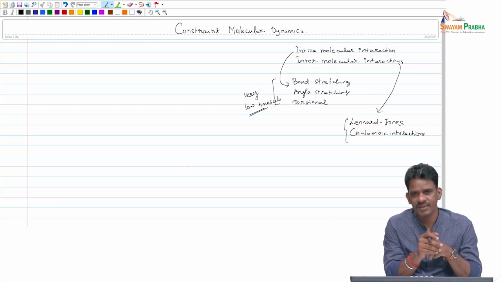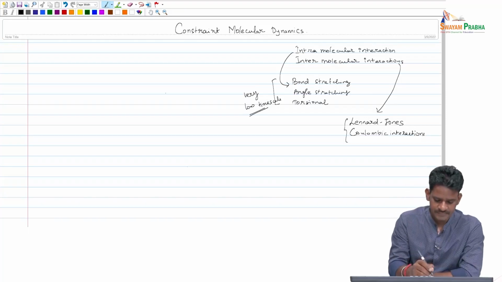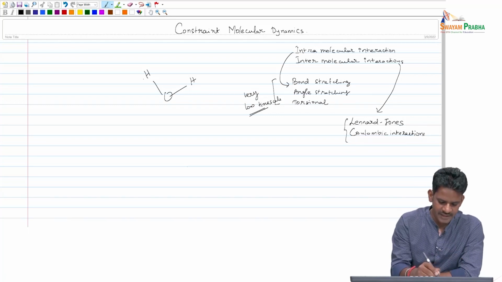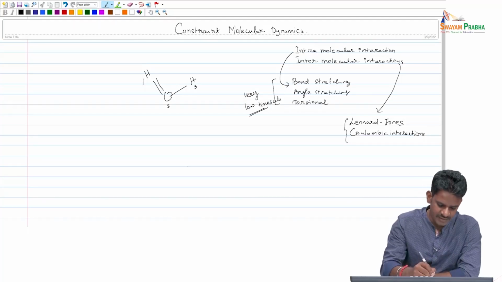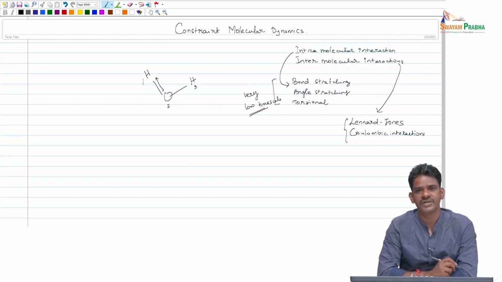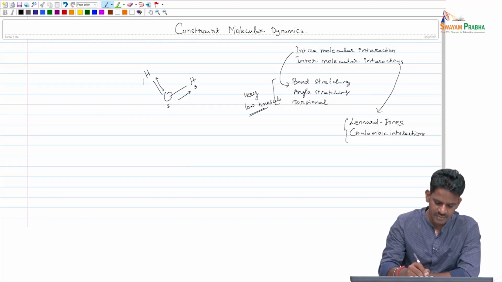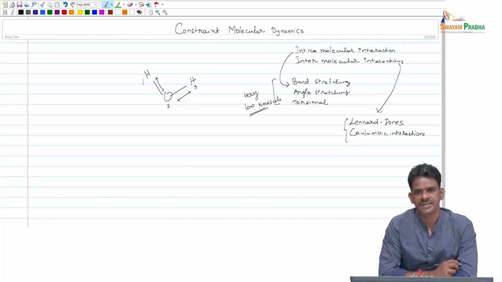And in the last example, we took the water molecule as an example, and we showed that if I denote this hydrogen atom as 1, this oxygen atom as 2, and this hydrogen atom as 3, this particular bond length can be considered as a constraint, and similarly this OH bond length can also be considered as a constraint.